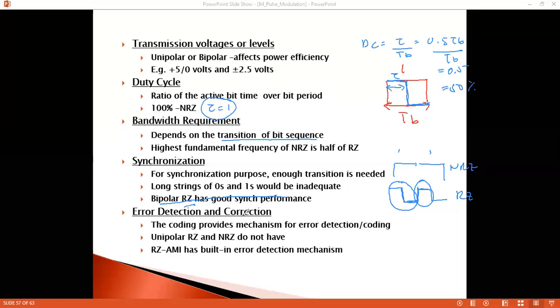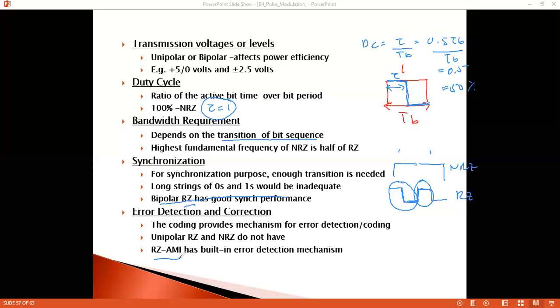And error detection and correction, because certain formats or codes have mechanisms for error detection and correction, meaning that when you're given a certain sequence, you can notice that there's an error in that sequence. So formats like RZ AMI have a built-in error detection mechanism.